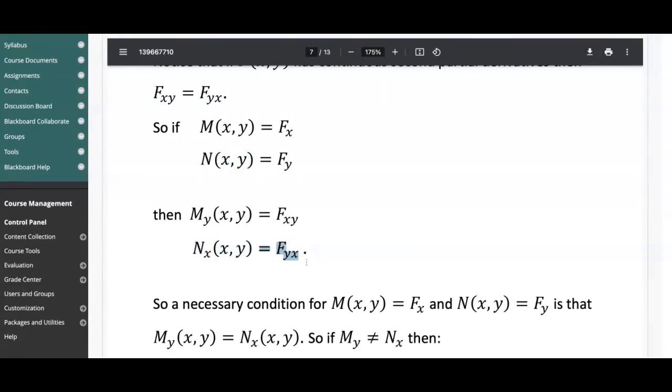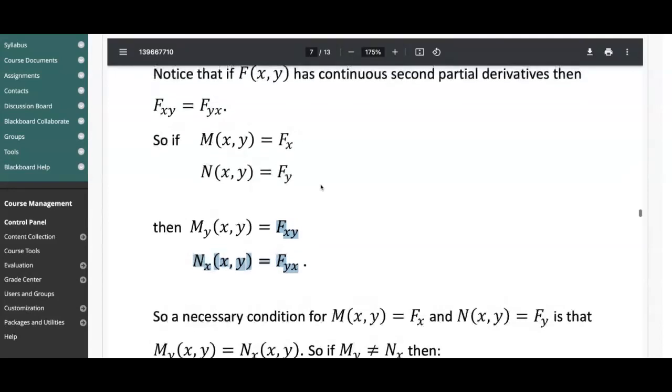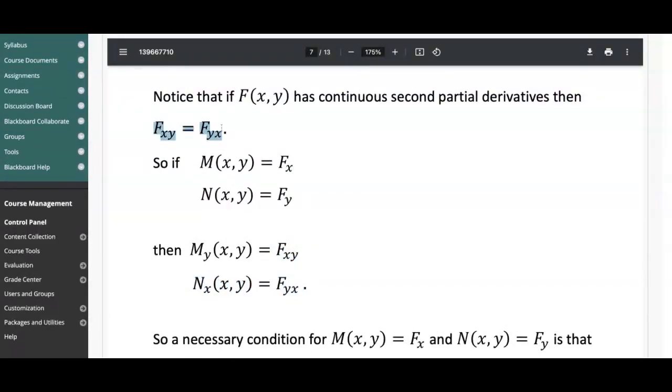Those have to be the second mixed partials, and those two mixed partials have to equal each other in Euclidean geometry. So far, we're working with Euclidean geometry. There's no curvature involved, so the partials are the same. That means partial M, partial y has to be the same as partial N, partial x.